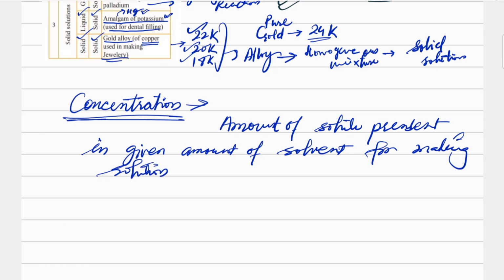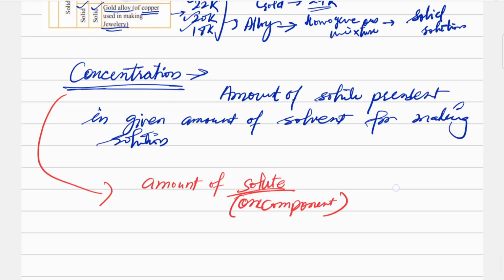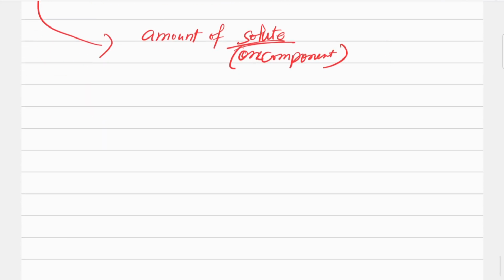So concentration actually depends upon the amount of solute, or we can also say the amount of one component. We do not define it as one particular substance, but we can say it is one component, the amount of one component present in the solution.